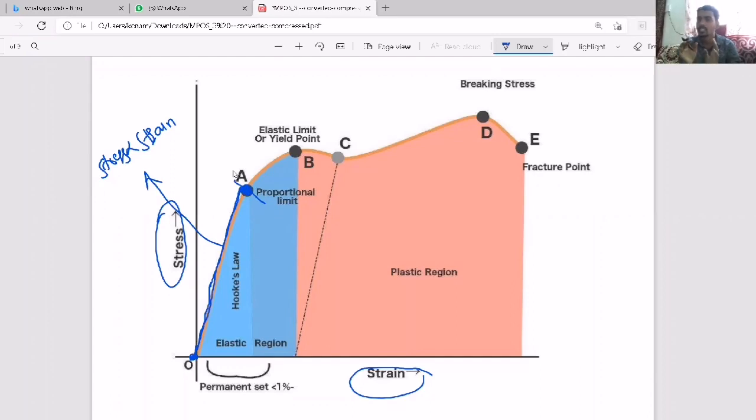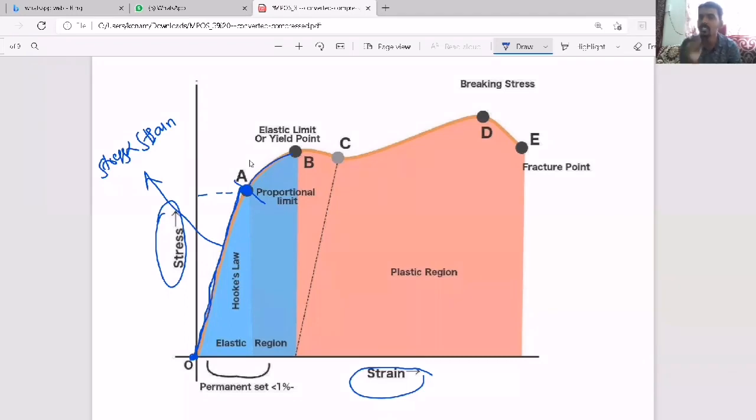And after that, you still increase the deforming force beyond the proportionality limit. Suppose the proportionality limit is 100 Newton. If you increase beyond that, the proportionality is lost. Here a curve comes; the graph won't be a straight line now.